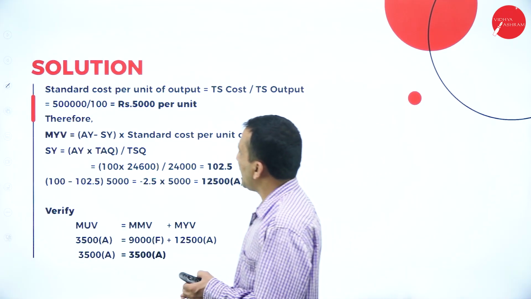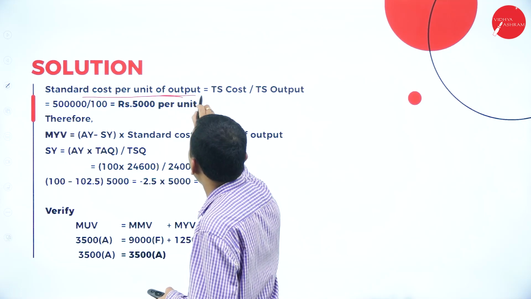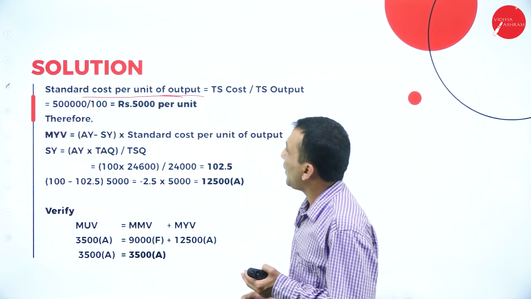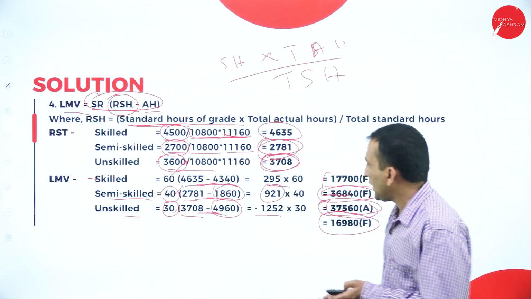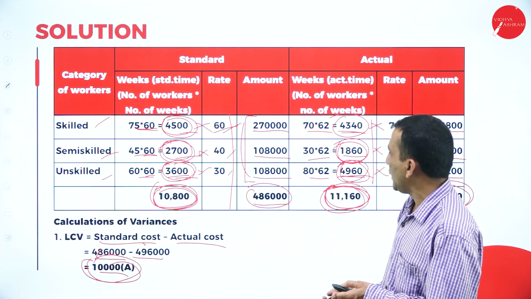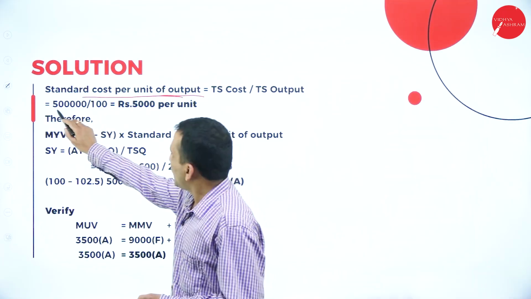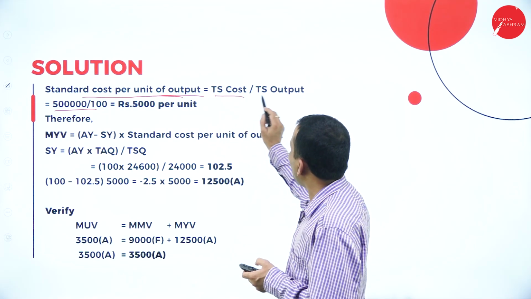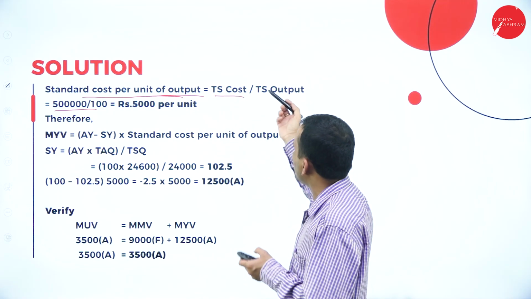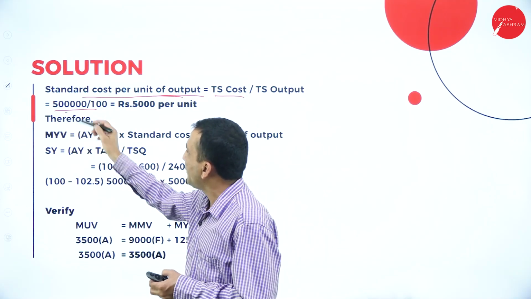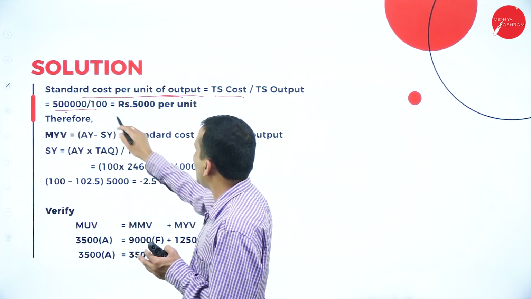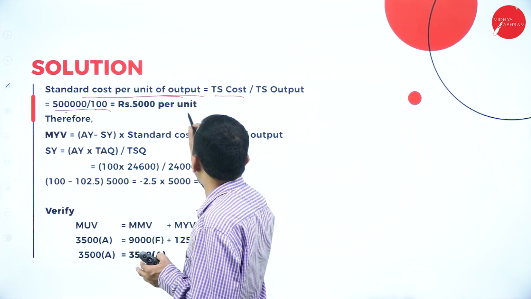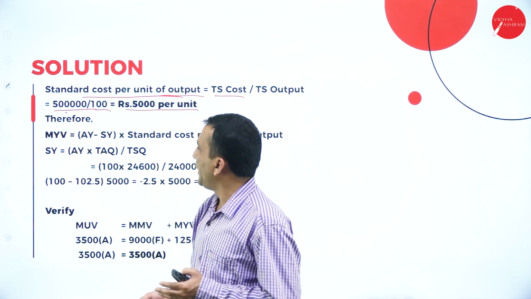So moving to the next one, the standard cost per unit for output, very simple formula what we are doing. We have to take here the total, 5 lakhs, we are getting the total standard cost. So obviously 5 lakhs divided by output what we are producing here, 100 yield. So obviously 5,000 per unit we are getting.